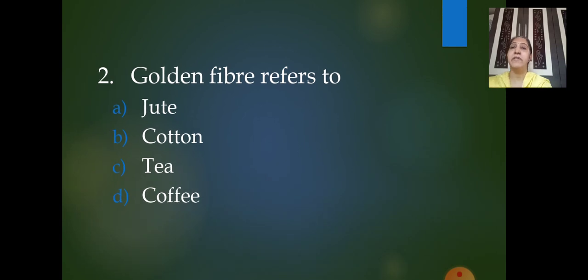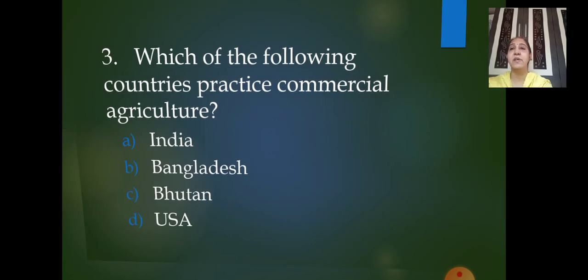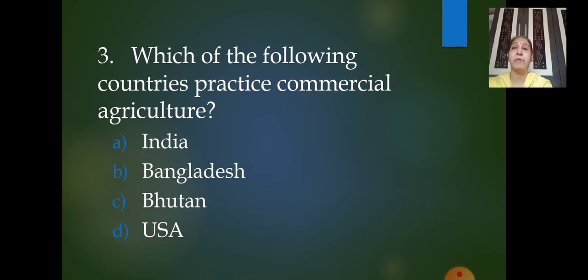Golden fiber refers to which crop? Now let's see. Is it jute, or is that cotton, or is that tea or coffee? Yes, I hope you know very well it's jute, correct? Moving to the next question now. Which of the following countries practice commercial agriculture?